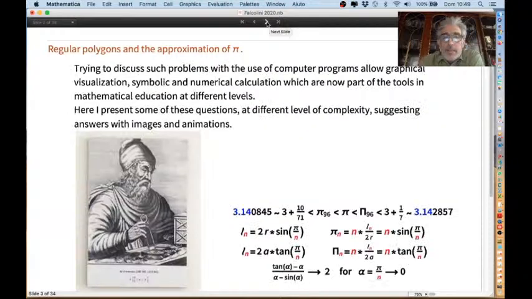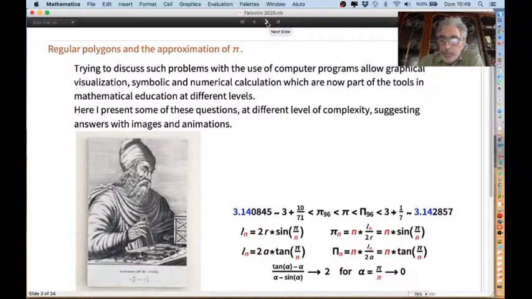Trying to discuss some of these problems with the use of computer programs that allow graphical visualization, symbolic and numerical calculation, which are now part of the tools in mathematical education at different levels.